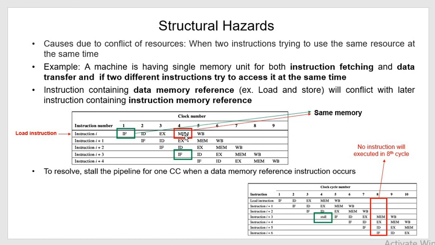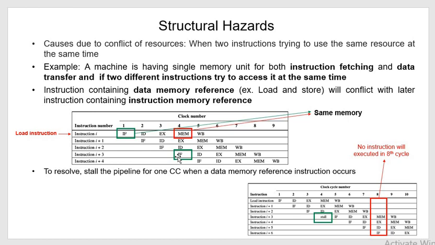The need is to load the data from the memory for the first instruction, and at the same time the opcode will have to be fetched from the memory for the fourth instruction. And again, what is the limitation? The limitation of this machine is that it has only one memory unit, which is interfaced with only one set of address, data and control lines.